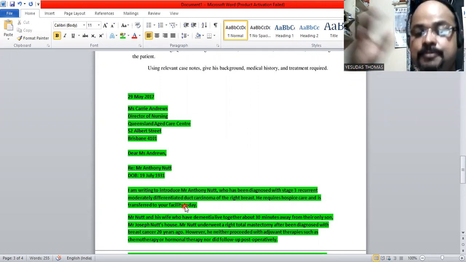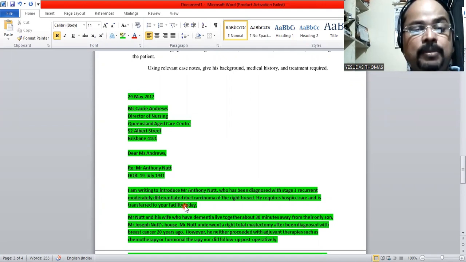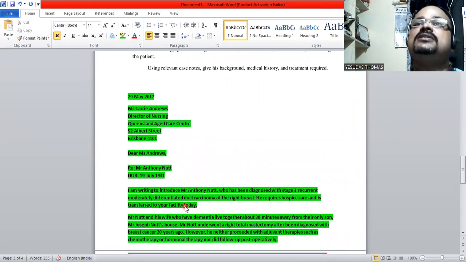So we have written who the patient is, what his diagnosis is, and that he requires hospice care and is transferred to your care today.